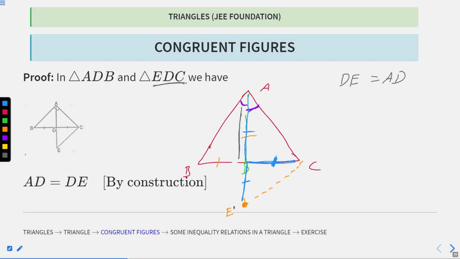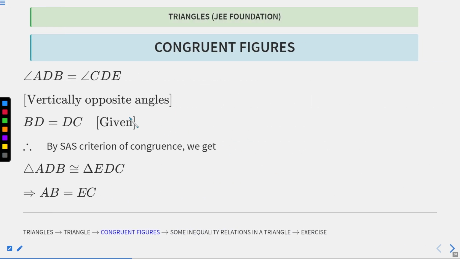Okay, and now how will we proceed? How we will proceed is quite simple. Just see the vertically opposite angles. What vertically opposite angles am I talking about?